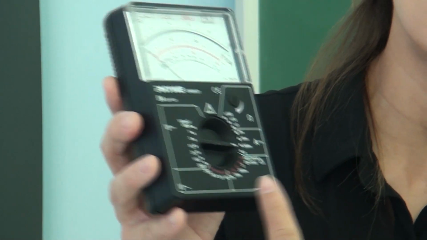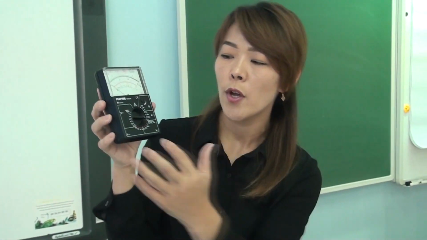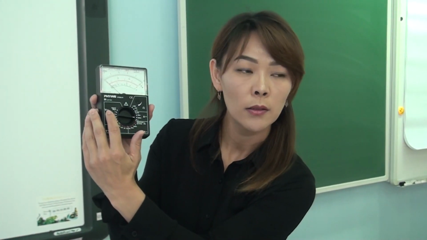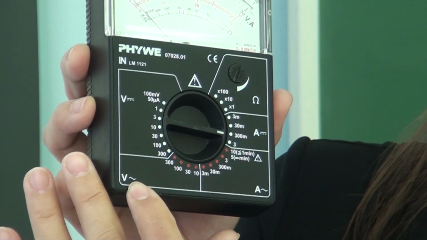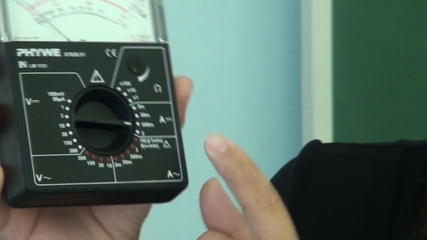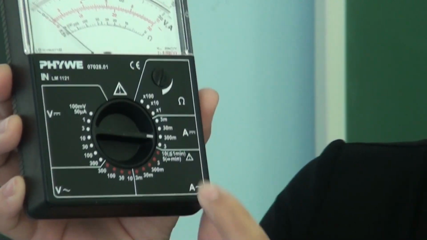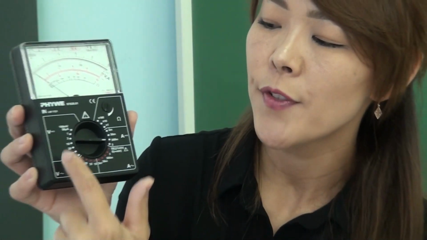What do these scales mean? You can see 5 parts of these scales. First one, V equal, V. Second V, then ohm, then A equal and A alternating. 5 scales.